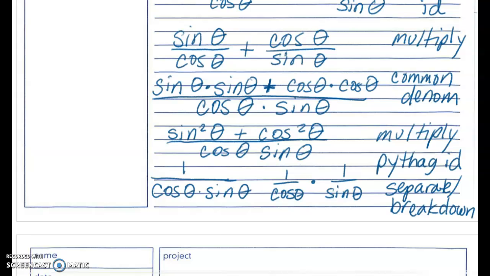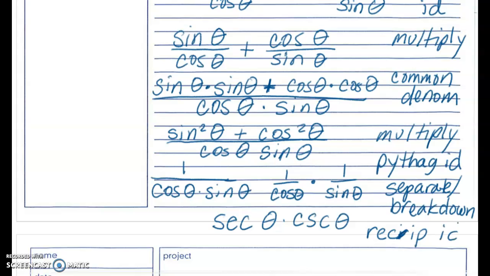Okay. Now, what do we know about 1 over cosine? 1 over cosine is secant. What do we know about 1 over sine? 1 over sine is cosecant. And why was that? Our reciprocal identities. I can't spell. That's wrong.